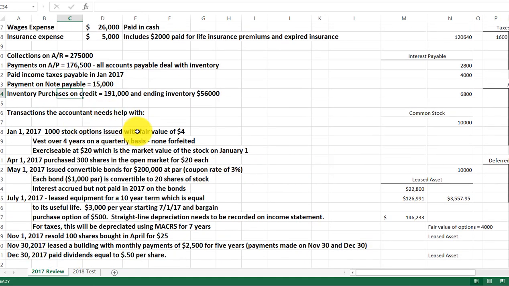1,000 stock options, fair value $4, vest over 4 years. So we know that these are the transactions that the account needs help with. Exercisable at $20, which is not important, except that we know that it's the same as the market value. But because we're going to use the fair value of $4,000 here over 4 years, that's $1,000 each year.